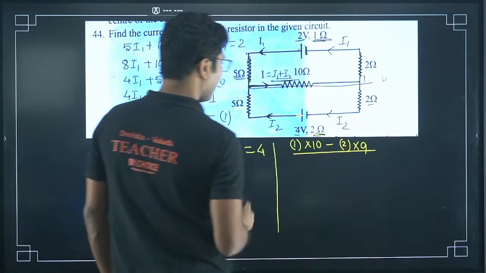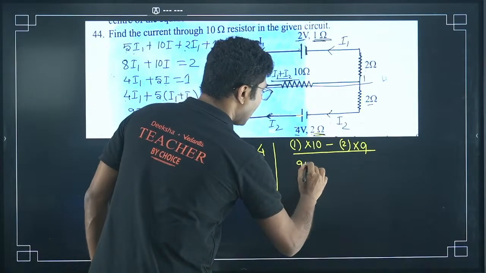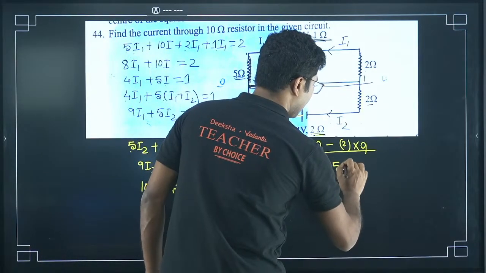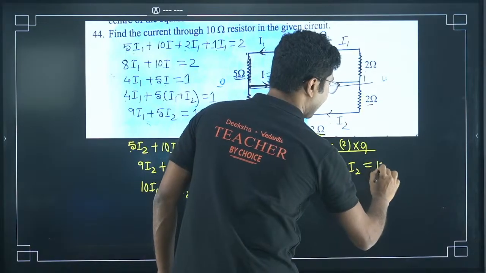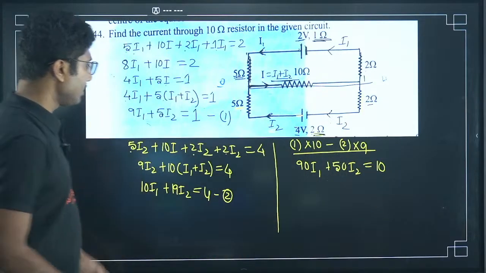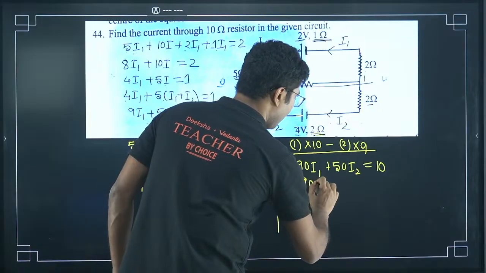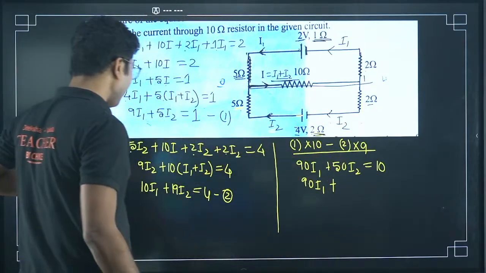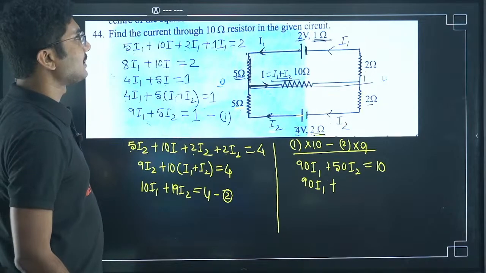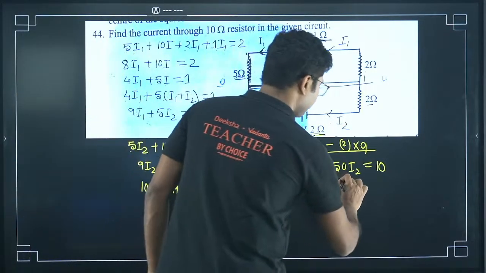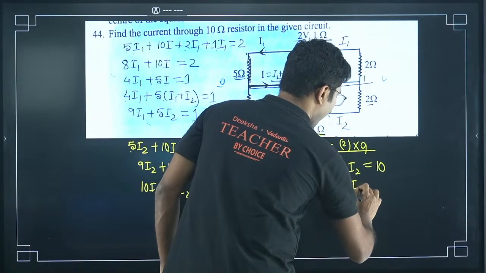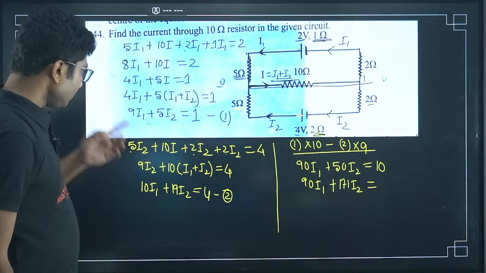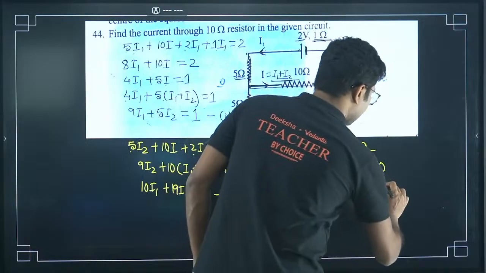What we get: 90I1 plus 50I2 equals 10, and here we got 90I1 plus 19 into 9. 19 into 9 means 171, equals 4 nines are 36.